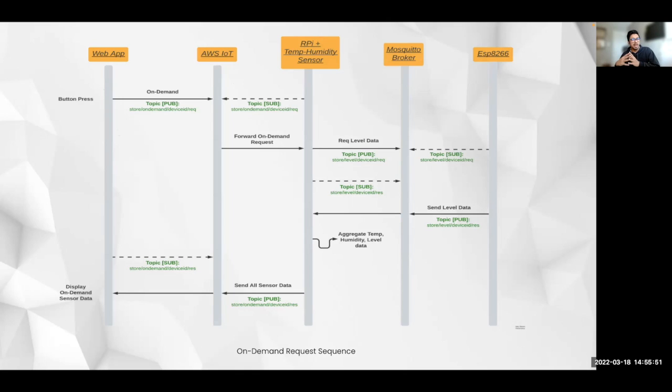The ESP8266 publishes the data over a topic which the Raspberry Pi is listening to. The Raspberry Pi now aggregates temperature, humidity, and the level data, and publishes that data over a topic, and the web app, which is listening to that topic, receives that data on demand. So this is the whole cycle, right from the button press to data getting received on the dashboard.